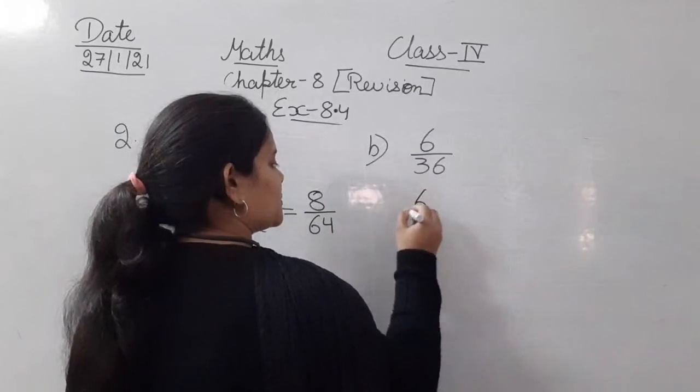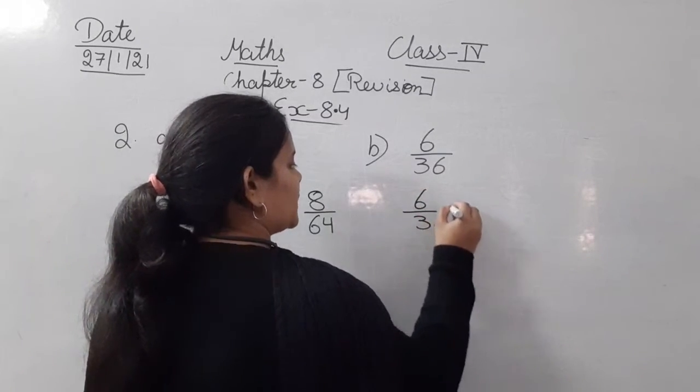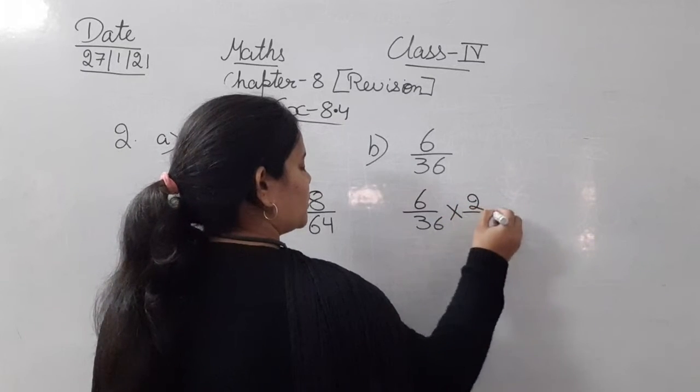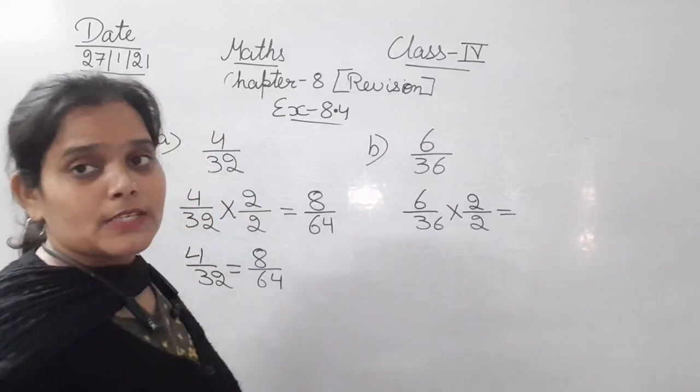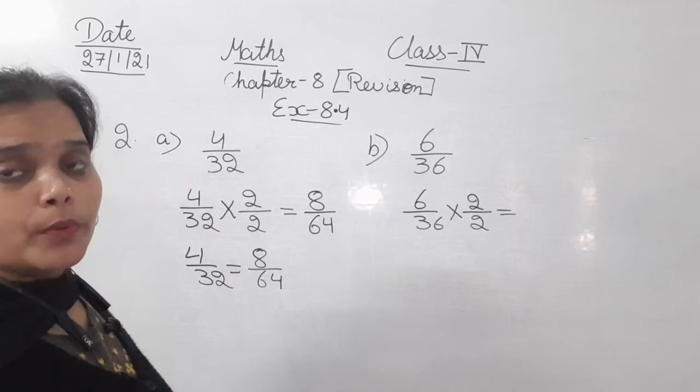So 6 upon 36 multiply by 2 upon 2. Okay, so let's multiply 6 upon 36 with 2 upon 2.